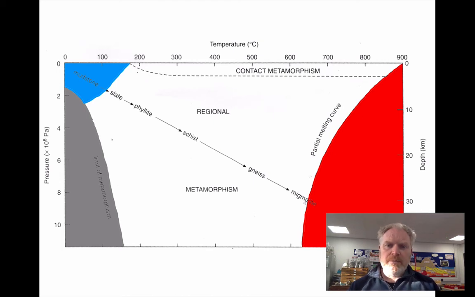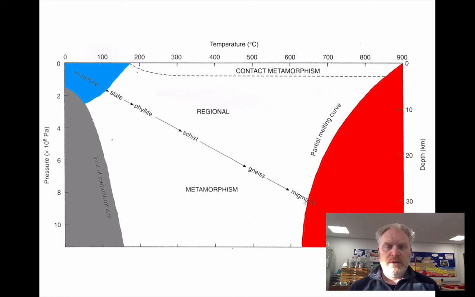What we're left with in the middle, this wide range of temperatures and pressures between sedimentary and igneous processes, is where metamorphism occurs. And this is the second reason why metamorphic rocks can be tricky, because there's such a wide range of pressures and temperatures at which they'll form. Now you can see that there are two areas labelled up here.